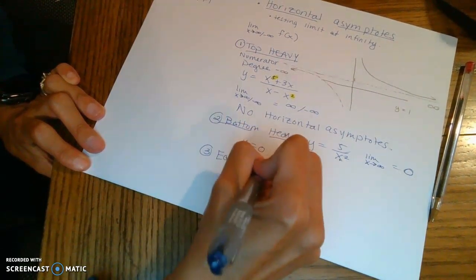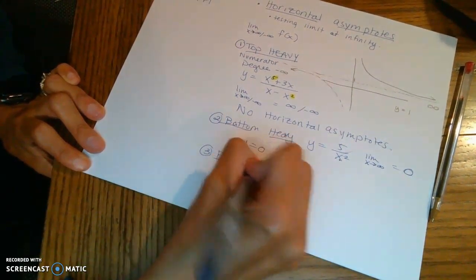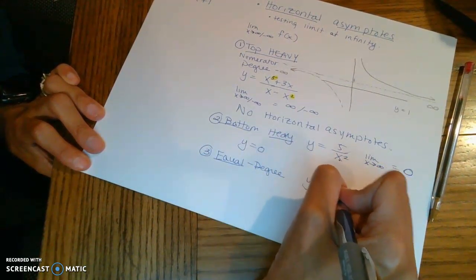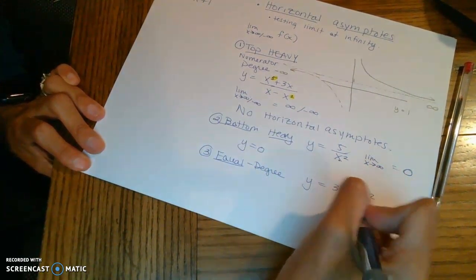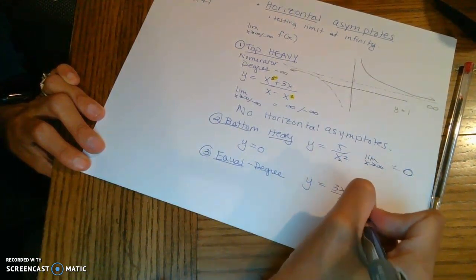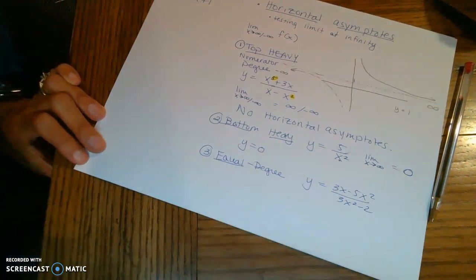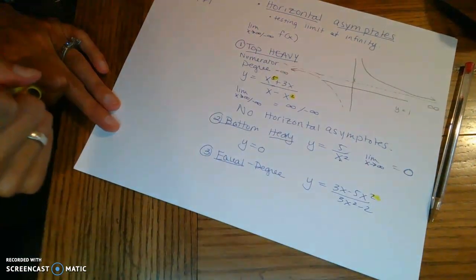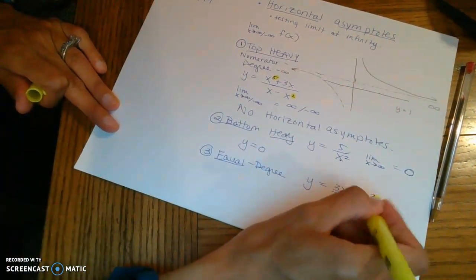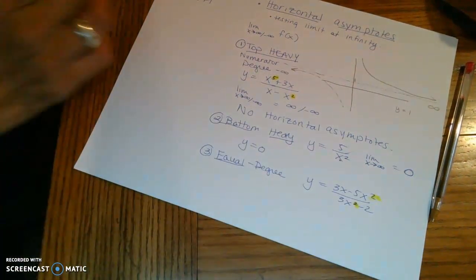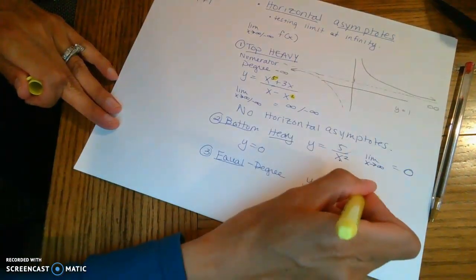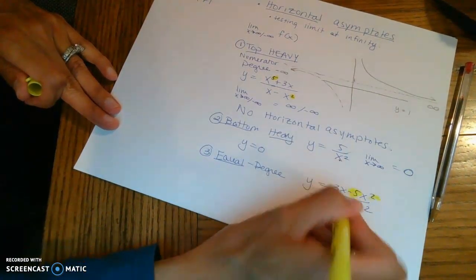All right, last but not least is if the degrees were equal. If I had a function that looked like this, y equals 3x minus 5x squared over 3x squared minus 2, my largest degree in the numerator is 2, and the largest degree in the denominator is 2. They're equal. So we said the limit was just the division of the coefficients, negative 5 and 3.